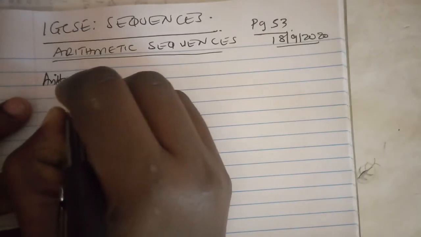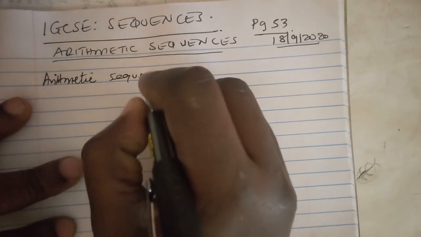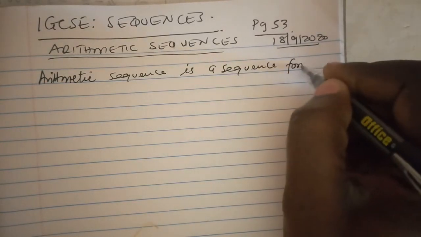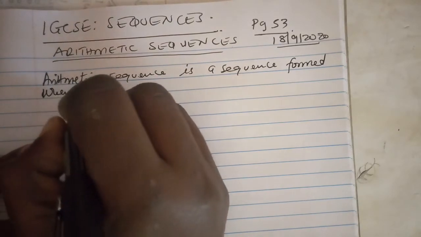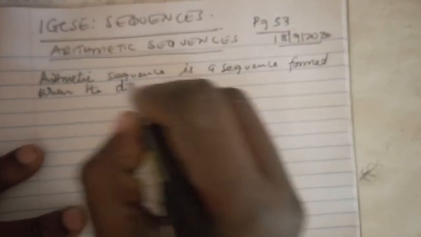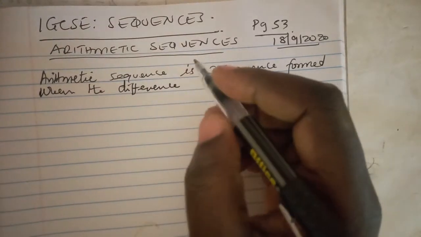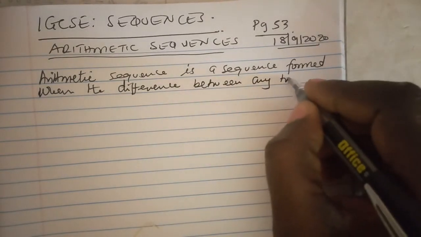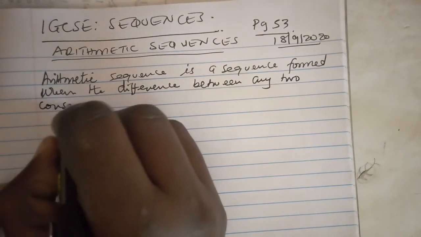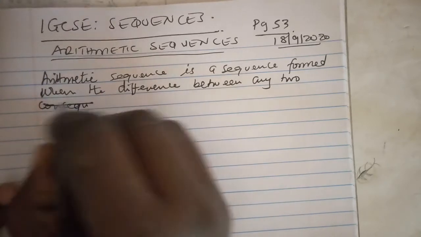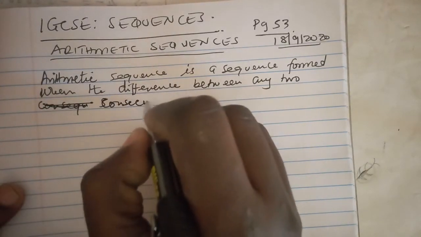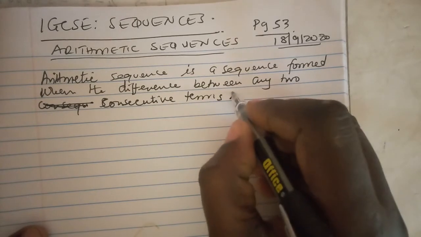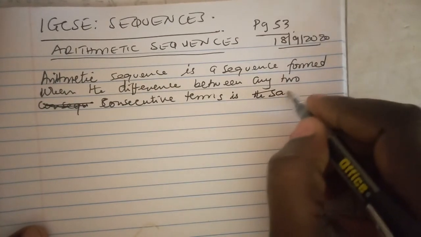So an arithmetic sequence is a sequence formed when the difference between any two consecutive terms is the same.